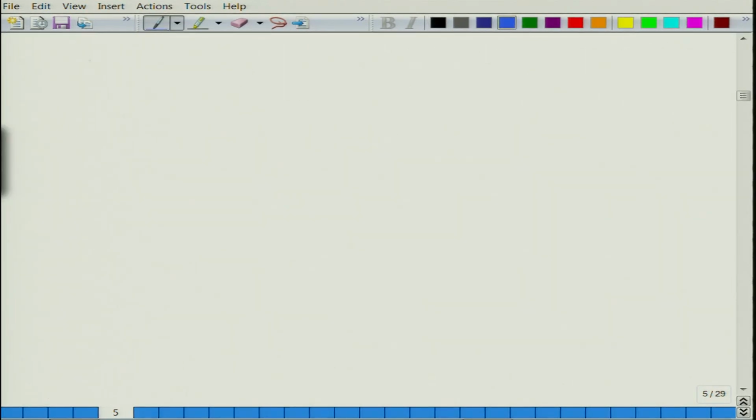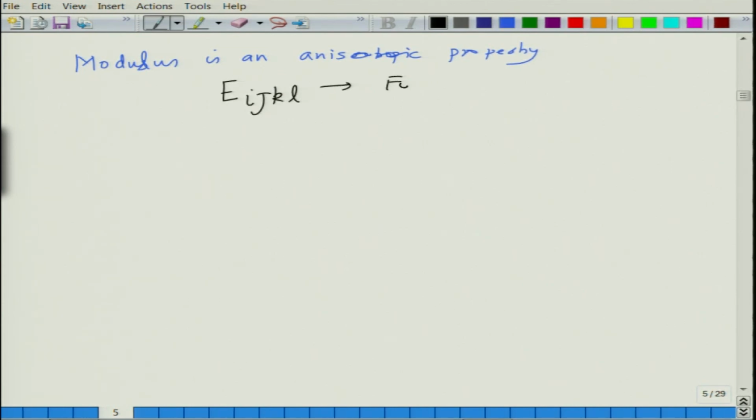Now, this modulus is also anisotropic, and as we saw earlier, it is depicted tensorially as E_ijkl. So, it is basically a 4th rank tensor.